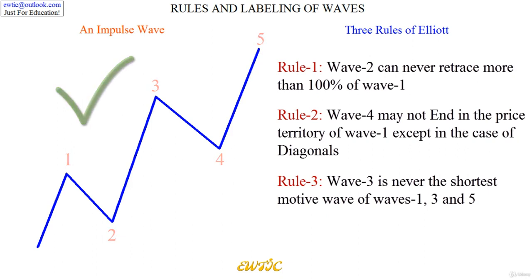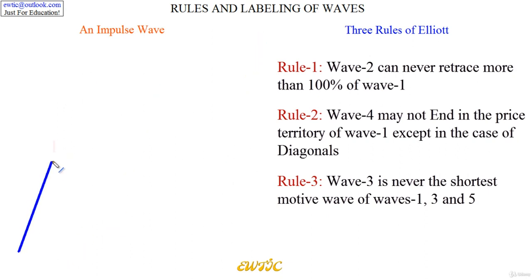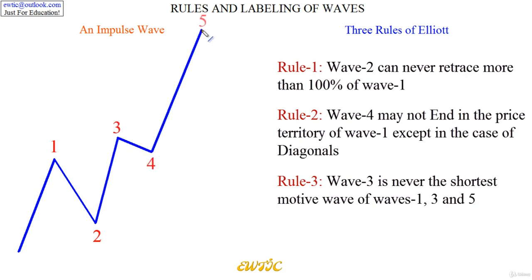What is incorrect is this: wave 1, 2, 3, 4, 5. There you can clearly see that out of waves 1, 3 and 5, wave 3 looks the shortest. This is wrong.